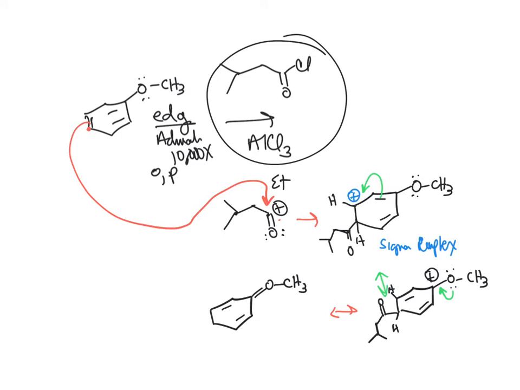And now the oxygen gets the positive charge. I expect to see formal charges. Now I want to say something here. This is the most important resonance structure. This is why it's 10,000 times more reactive than benzene.